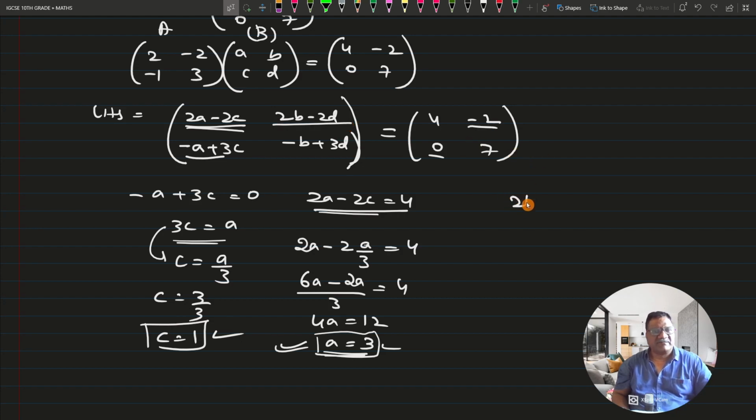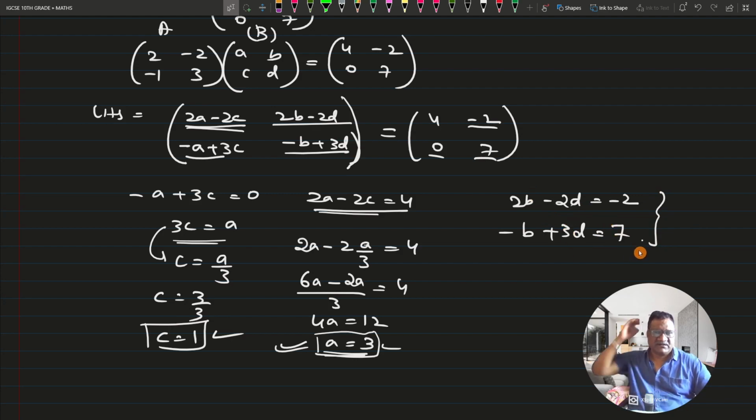This will be 2b minus 2d equal to minus 2. Now here also I'm getting this minus b plus 3d is equal to 7. Now what can be done is, these two equations I can solve simultaneously to get b and d both together.